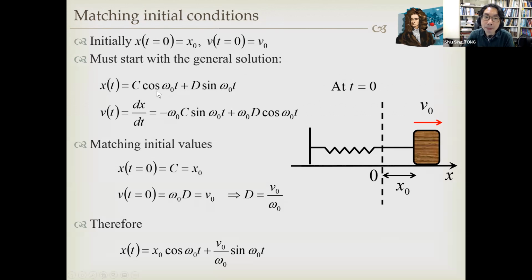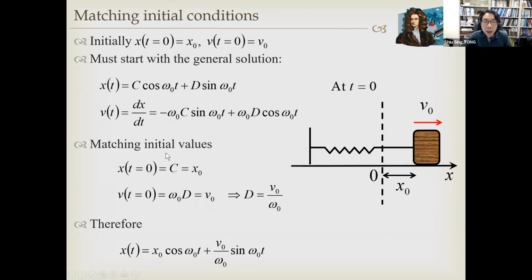It just amounts to adding the sine and the cosine curve up to form another sinusoidal curve, but with a different initial phase. Now I differentiate. When I differentiate, the cosine becomes minus sine with omega naught. The sine becomes a cosine again with omega naught.